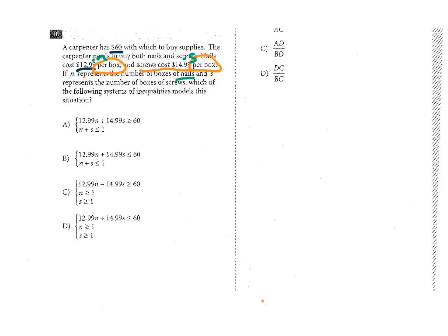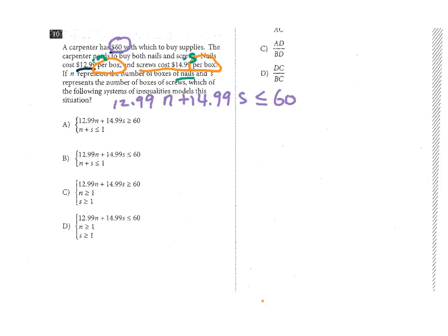First of all, this carpenter only has $60 to buy supplies, which means 12.99 times N plus 14.99 times S has to be less than or equal to $60.